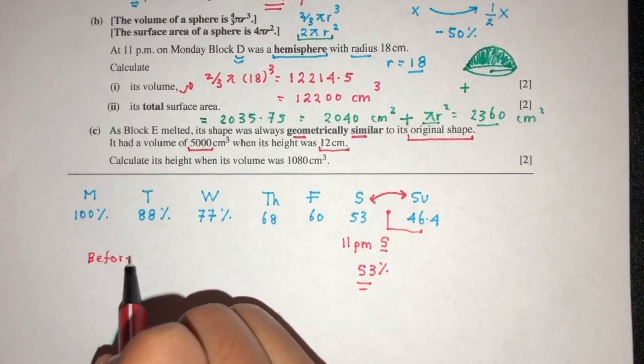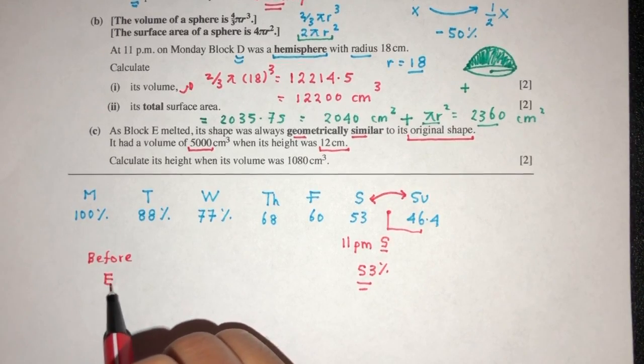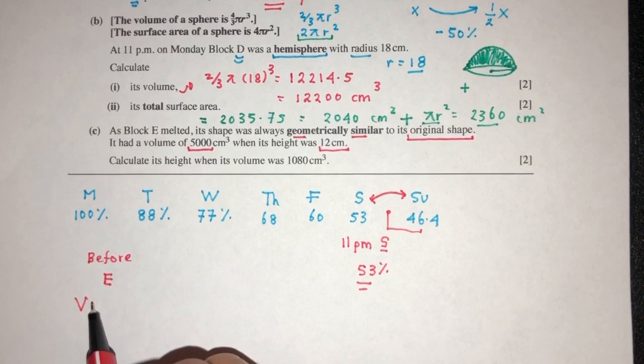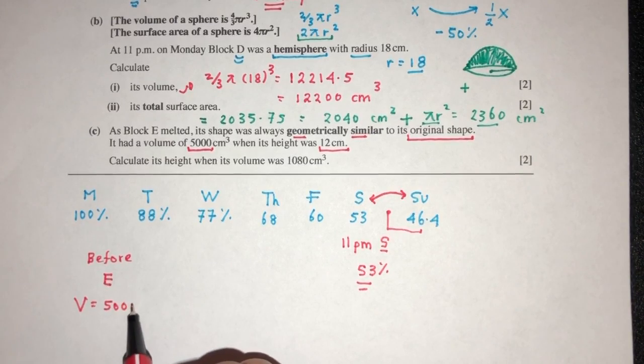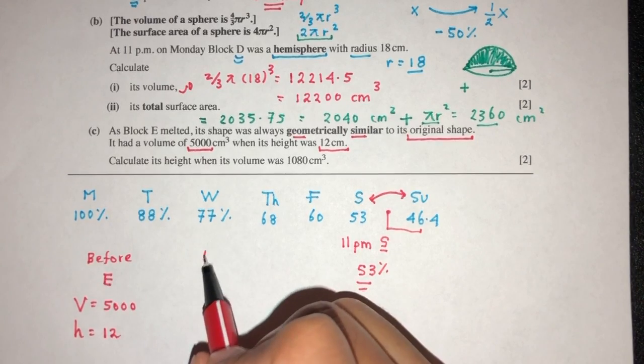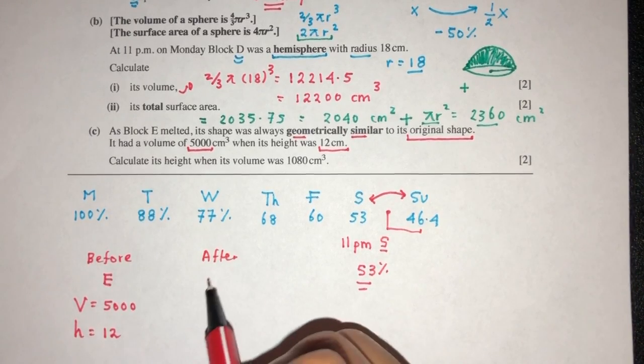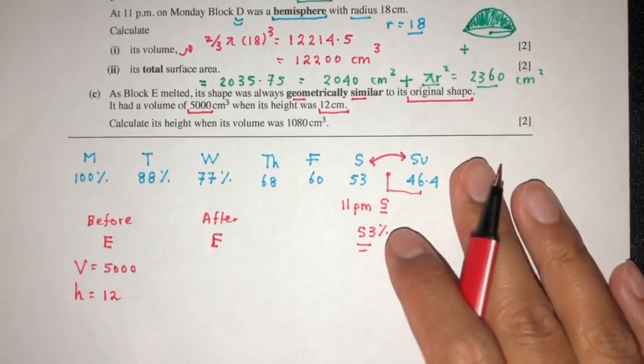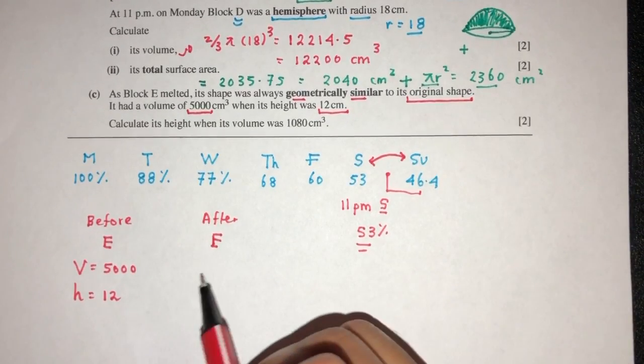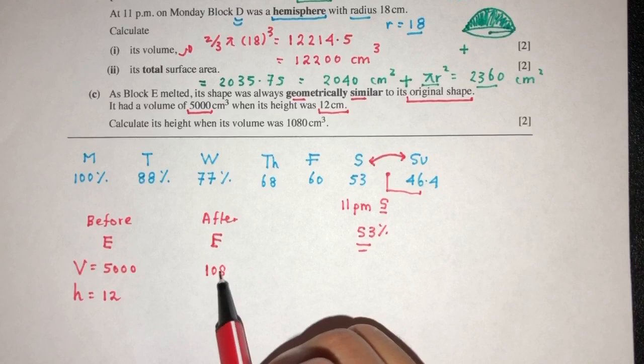Before, shape E had a volume of 5,000 when the height was 12. After, find its height when its volume was this much. So volume now is 1080.